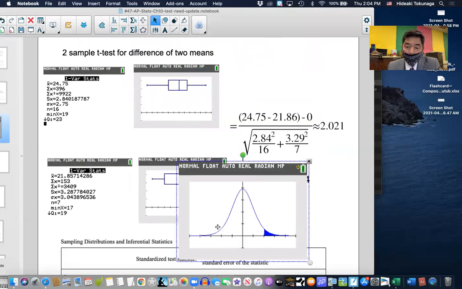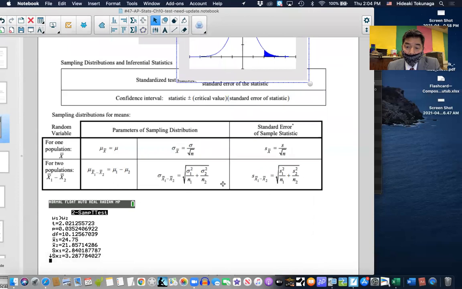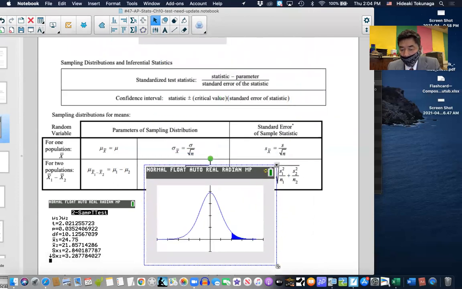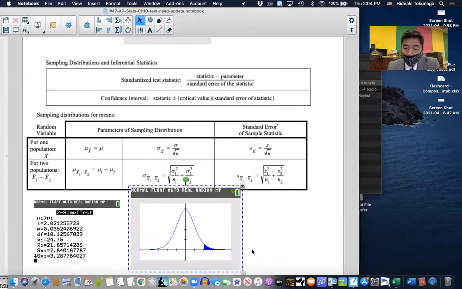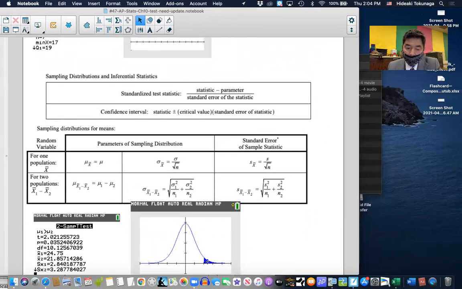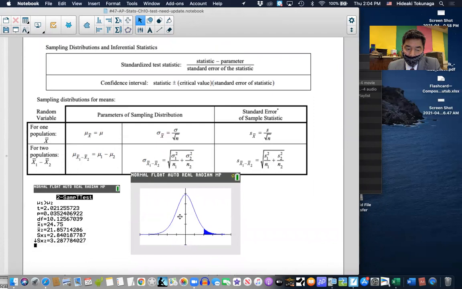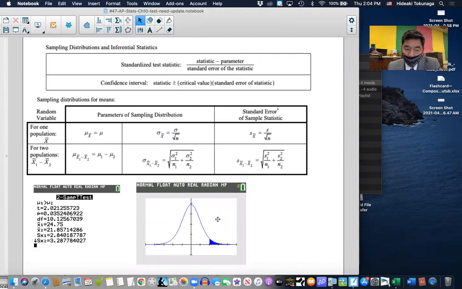Now the important thing is that the highlighted place is the p-value. However, what is the significance level? Since this is such a small percent, I forgot, the p-value of your calculation here is 3.5%, right?